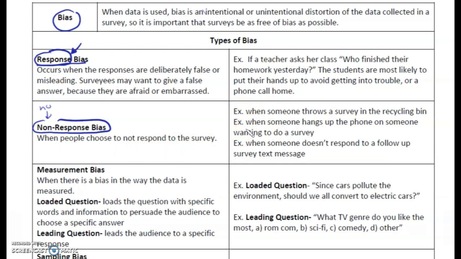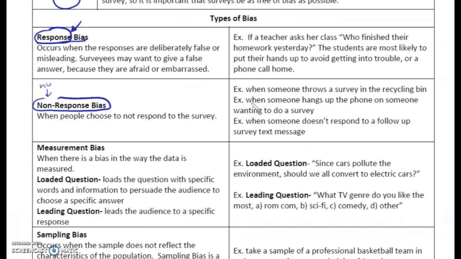Somebody throws a survey into the recycling bin, or somebody hangs up the phone on somebody wanting to do a survey, or someone doesn't respond to a follow-up text, like a survey text. All of those are definitely examples where people just don't respond. And if you think about why this is a bias, it's because it's not going to be representative of certain people, right? It's not going to be a good balance.